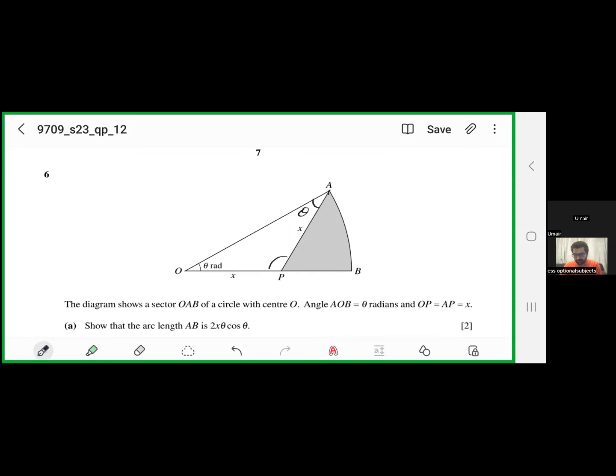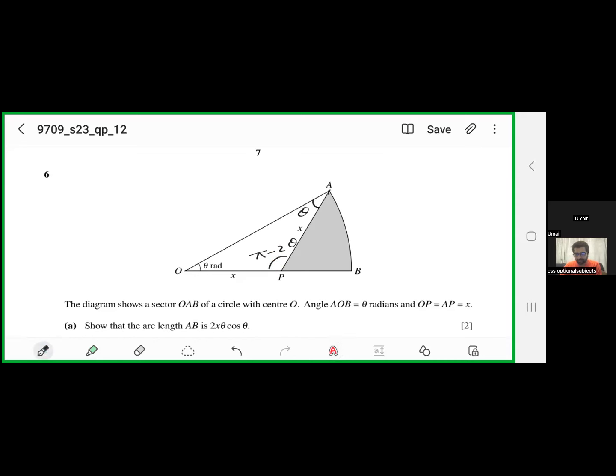This is theta radians. And as you know, the sum of all the angles in a triangle is 180, which in radians is pi. So this angle will be pi minus 2 theta. Pi is the total angle, and theta and theta make 2 theta. So pi minus 2 theta will give you this angle.